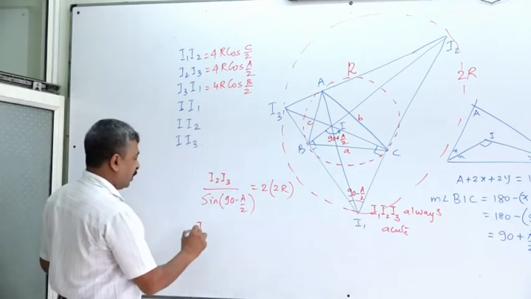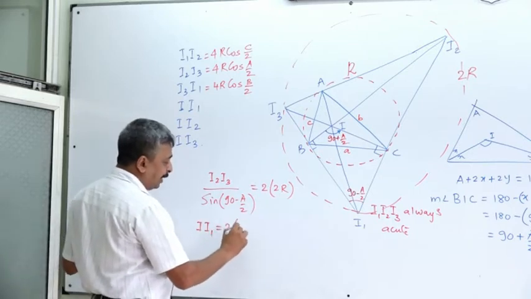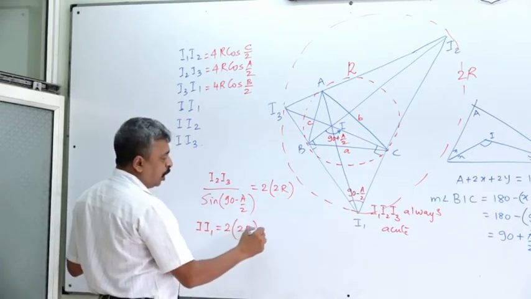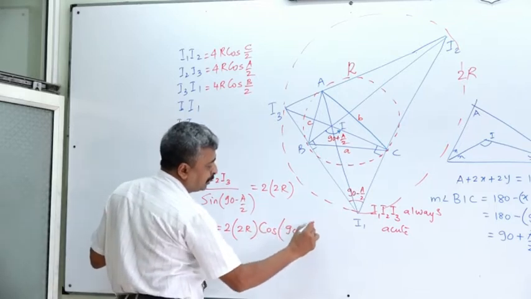So I1 is 2r cos 90 minus A by 2. Do you understand why this is so?